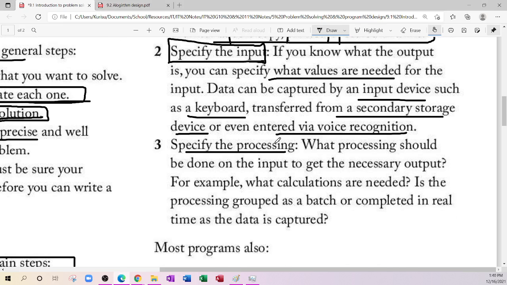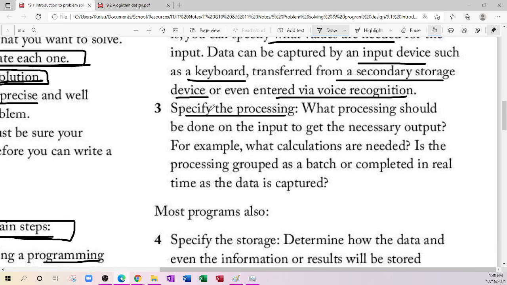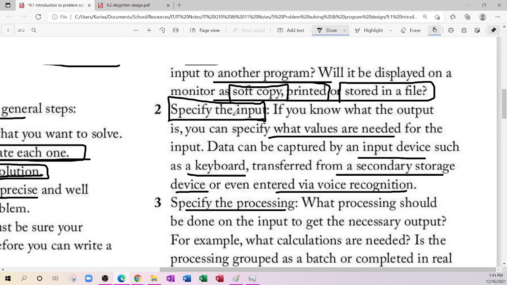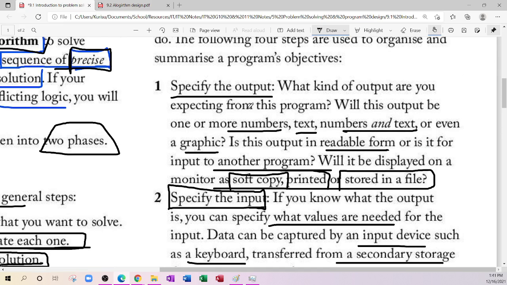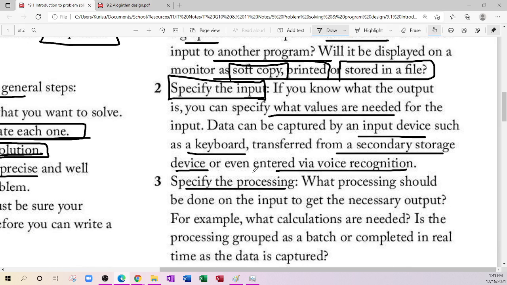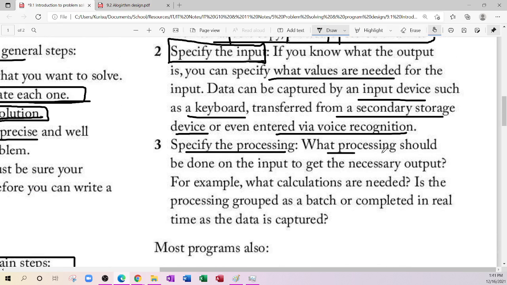And then lastly is the processing. What am I doing with this input to get an output? What processing should be done on the input to get the necessary output? For example, what calculation is needed?